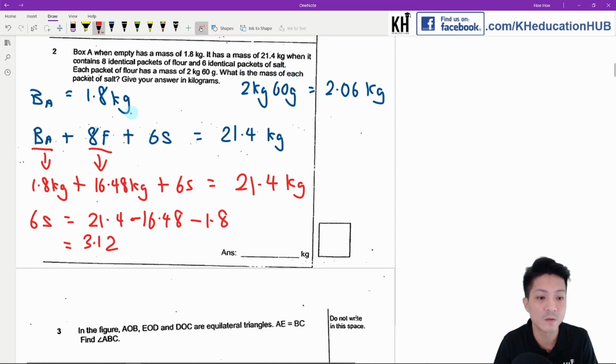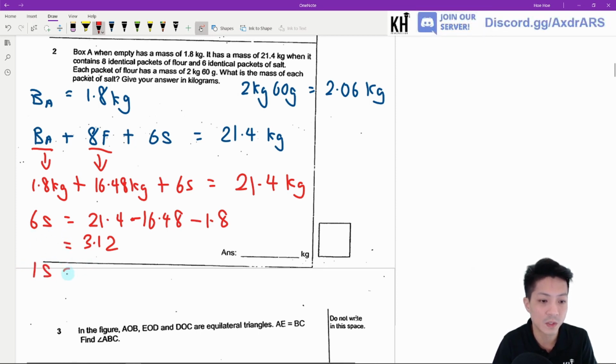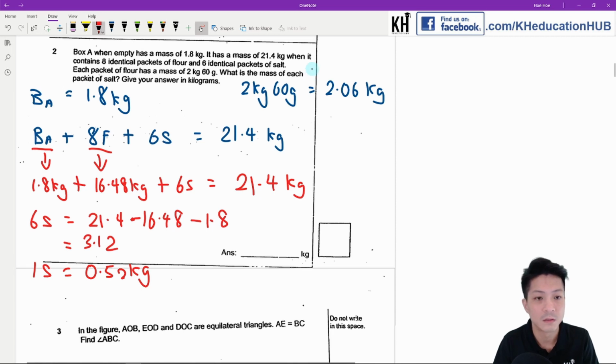So what's the mass of each packet of salt? It will be 3.12 divided by 6. Okay, that will be 1 packet of salt would be 0.52 kg. Okay, give your answers in kilogram. 0.52 kilogram.